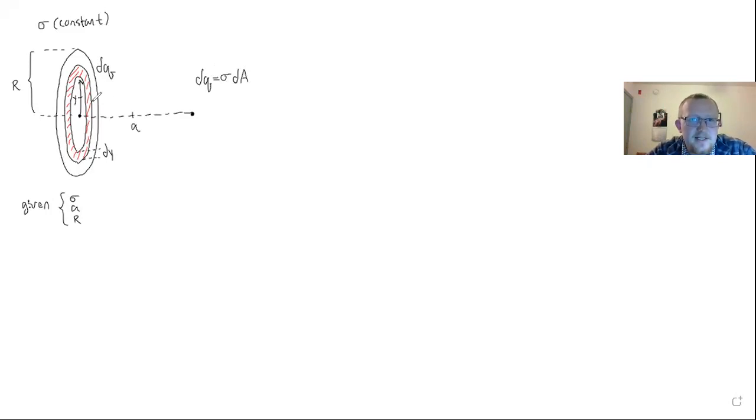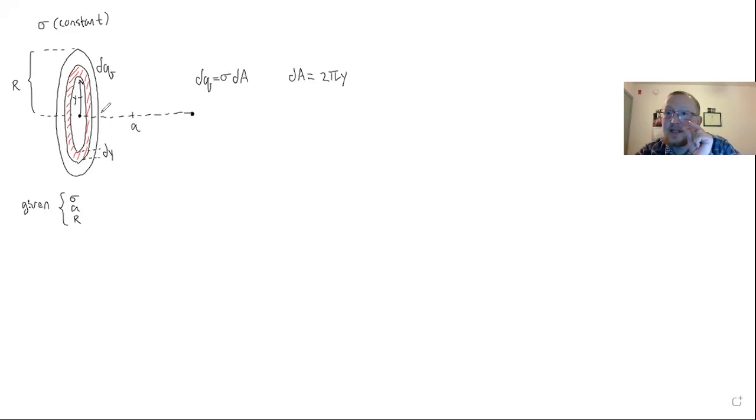So that's why we picked this band here, and we're going to integrate all such bands from radius 0 out to radius big R. So dA in this case is going to be 2 pi y, because the radius of the band is y. That gives you the circumference of this band.